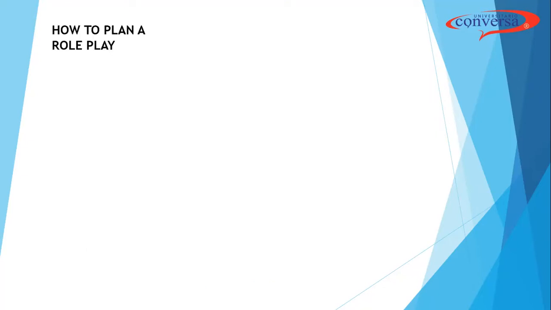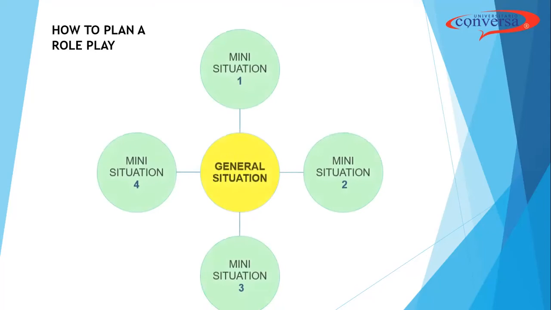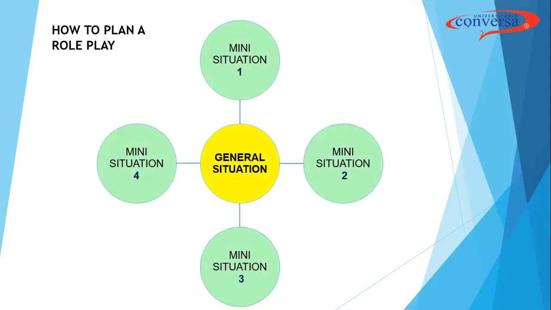How to plan a role play? Okay, as we mentioned before, you need a situation. Based on the situation is what you need to give the instructions, what you need to consider to give the instructions.